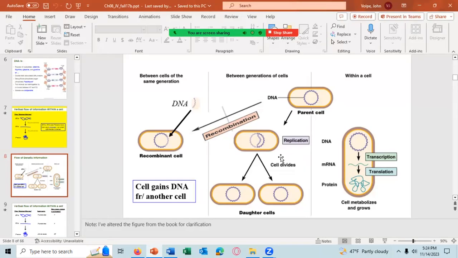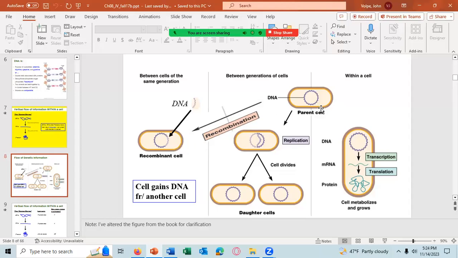And if I remember this correctly, which I might not, this is the vertical flow of information. You can also have the flow of information from a donor cell flowing to a recipient cell. And this we call the flow of information between cells of the same generation.